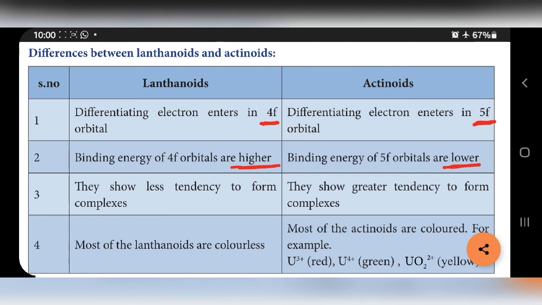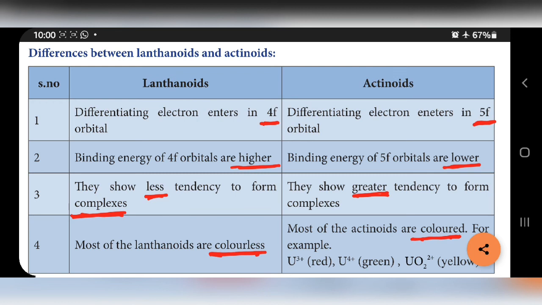Lanthanoids show less tendency to form complexes, while actinoids show greater tendency to form complexes. Complex means a coordination complex in square brackets. Most of the lanthanides are colorless, and most of the actinides are colored.